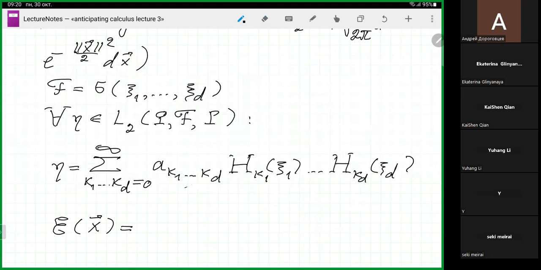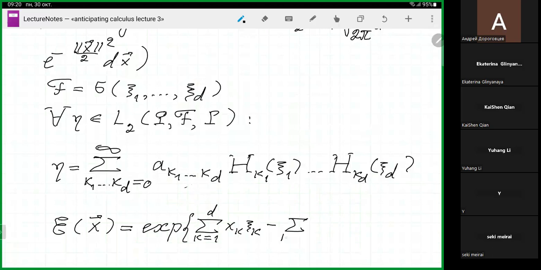So E(x) will be a product, and I will take this product under one exponent, like the following. Here is the sum from k equal 1 to d of x_k xi_k minus, again the sum from k equal 1 to d, x_k squared over 2.